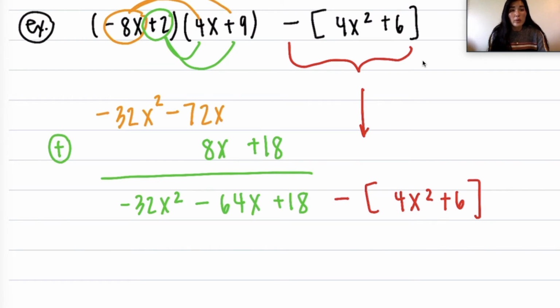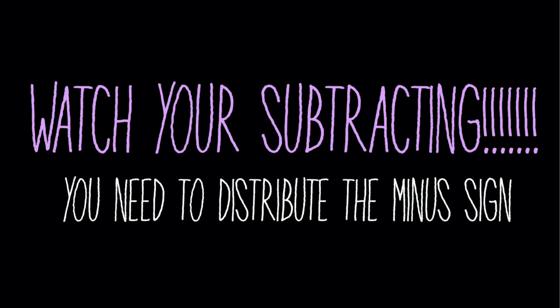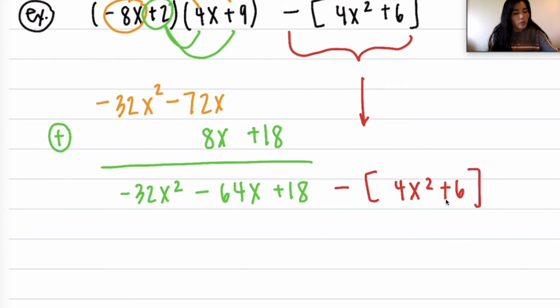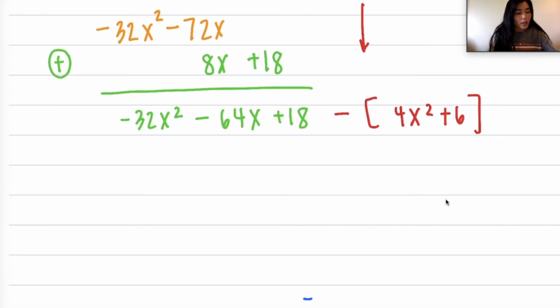Now, one thing I'm going to point out to everybody in class though, and this is something that's not happening on your homework, is, remember, this subtracting problem is subtracting all of this. It's minus the 4x squared, but it's also minus the 6. And so one thing that I was talking to you guys about in the last lesson was just making sure that you distribute that negative sign here.